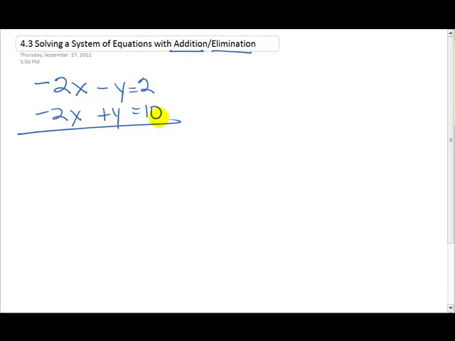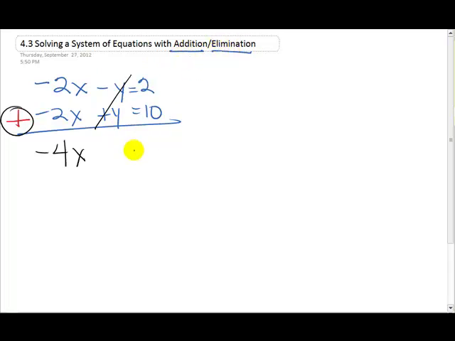What we're going to do here is take and add these two equations. So I'm just going to go down and add. Negative 2 plus a negative 2 will give me negative 4x, and a negative 1 plus a 1 cancels, it eliminates in the process of adding. Some people call it addition, some call it elimination.